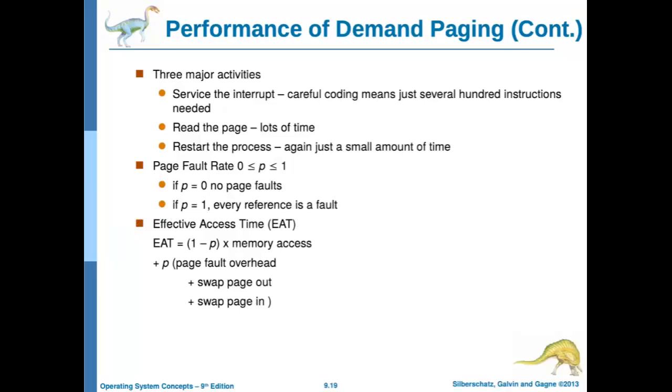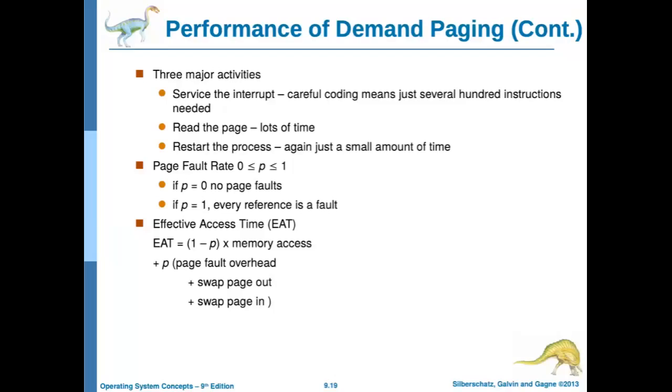Assuming the page fault rate is P, the effective access time is given as (1 minus P) multiplied by the memory access time, plus P multiplied by the page fault time. That is the probability. If P is equal to 0, it is just the memory access time, meaning all pages are in the main memory.